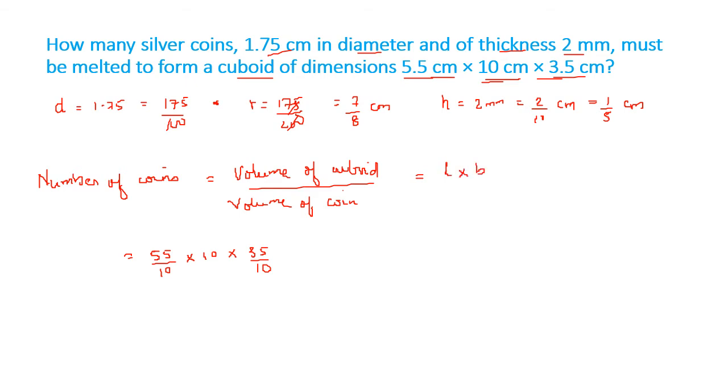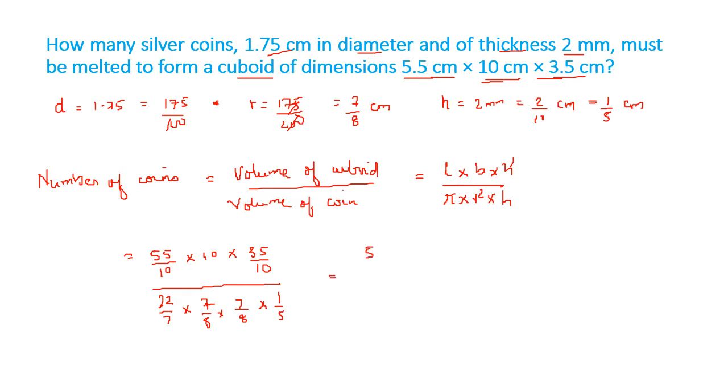Volume of cuboid is L into B into H upon pi r square H. This is taken H, so I'll call this H prime because the height is not the same. Upon pi, that is 22 upon 7, into r square, that is 7 by 8 into 7 by 8, into H. H is 1 upon 5.